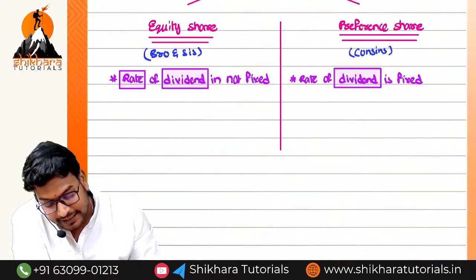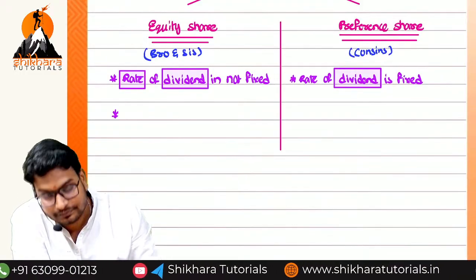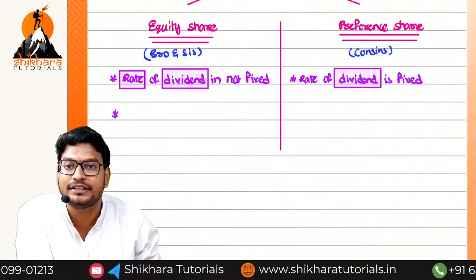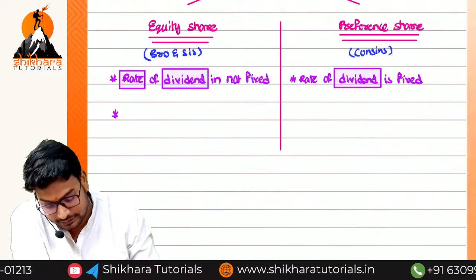So first we have to pay dividend to whom? We have to pay dividend to the preference shareholders. Then after that the dividend will be received by whom? Equity shareholders.